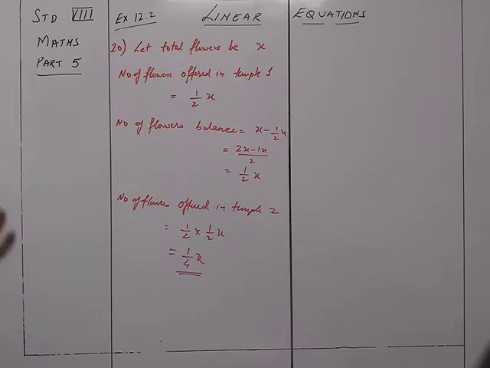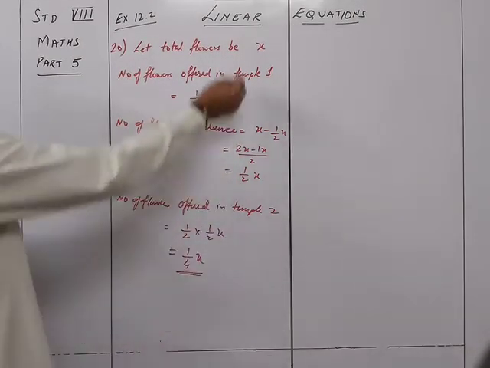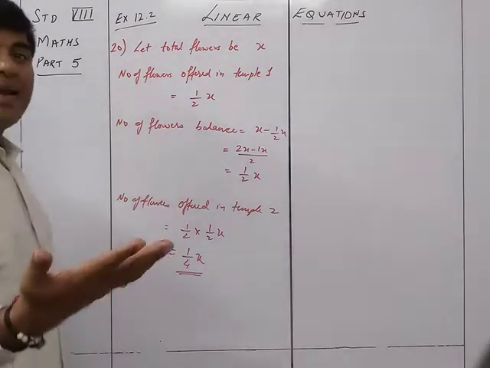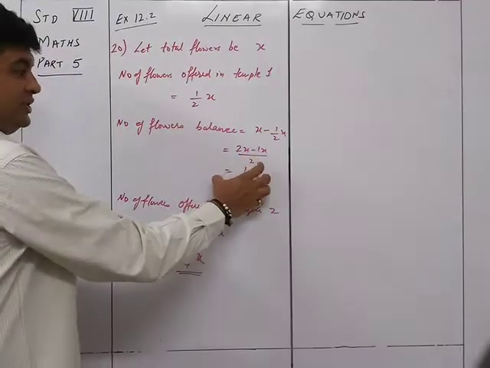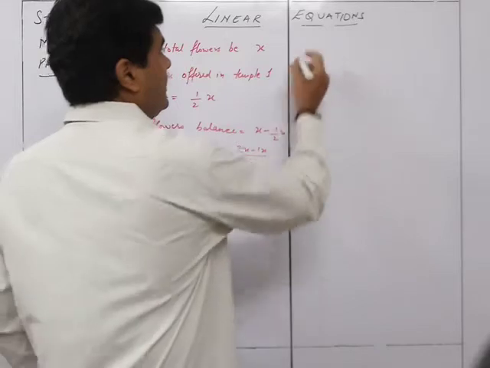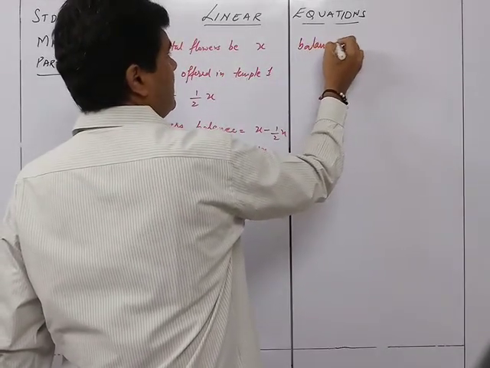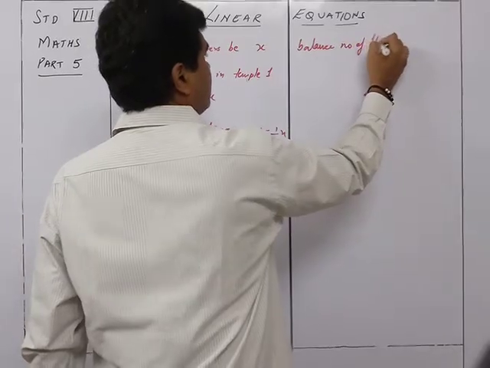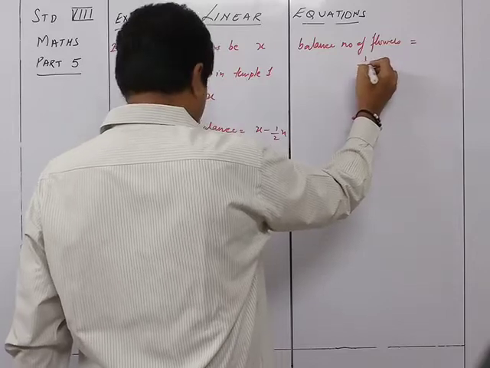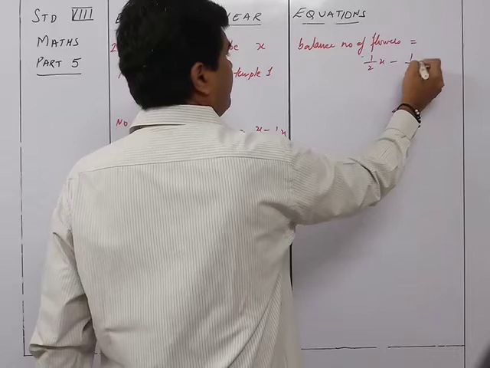So what has happened is that when she went to temple number 2, she offered 1/4 of the original number of flowers. So now what is balance with her? What is balance will be this, which was balance, minus this. So the balance number of flowers is equal to 1 upon 2x minus 1 upon 4x.